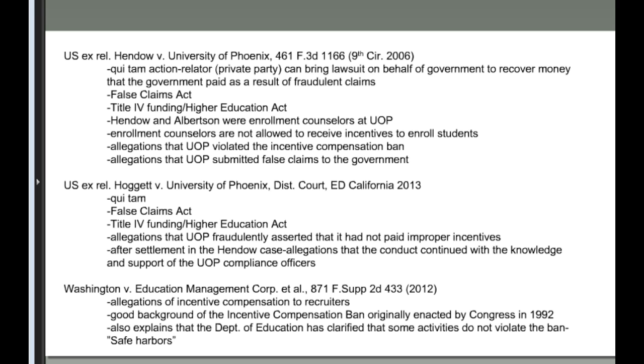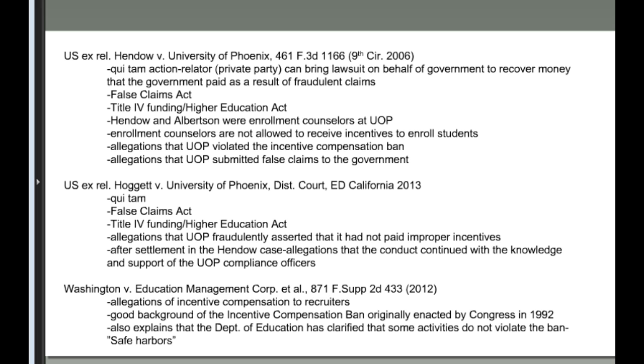What Hendel and Albertson alleged is that UOP was violating the incentive compensation ban, and that University of Phoenix was submitting false claims to the government, basically saying that they were not in violation of the incentive ban.